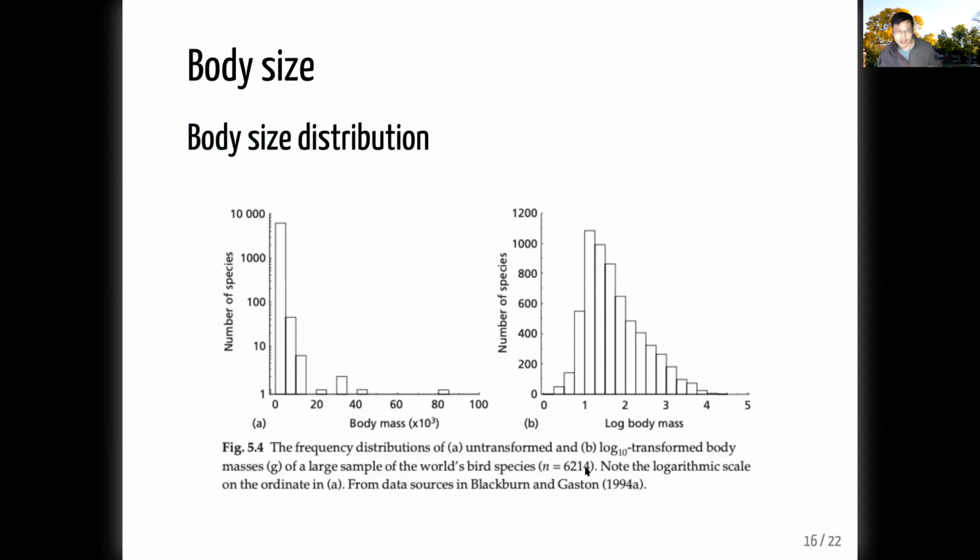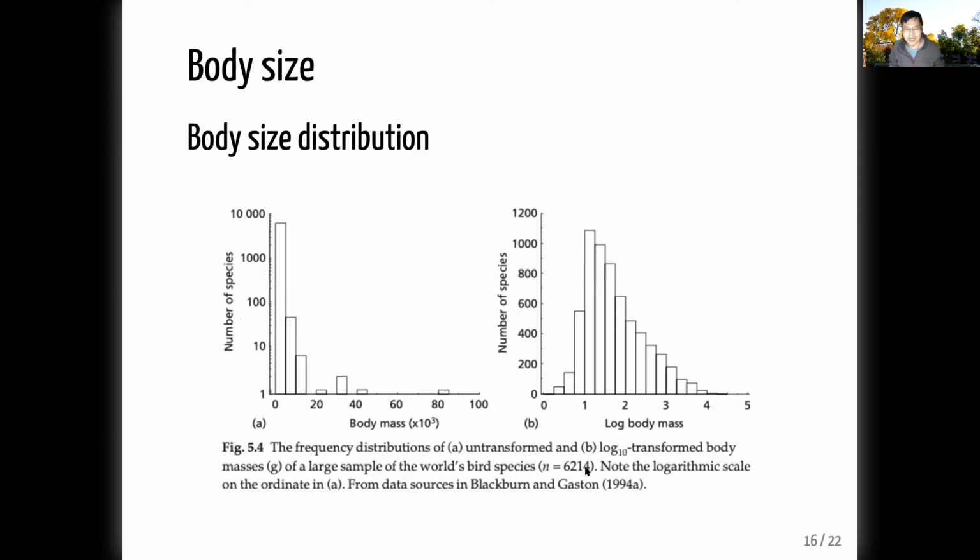And what about body size? Body size distribution. One common way to measure body size is just to measure the body mass. And this can be a universal measure because every individual of every species has body mass.